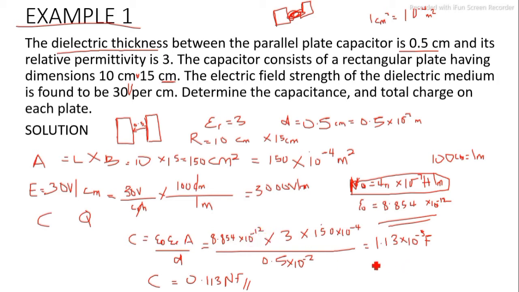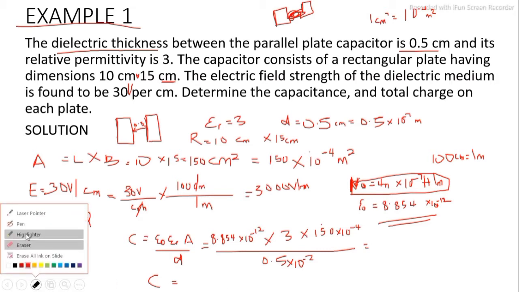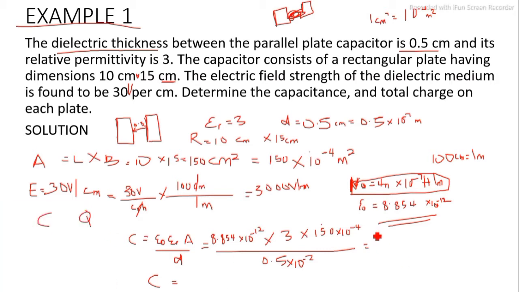So if you recalculate this using your calculator, you're going to get 7.97 times 10 to the power minus 9 farad. You can leave your answer like this or take it to nano. 10 to the power minus 9 means nano, so that's 7.97 nanofarad. So this is the capacitance of the capacitor.